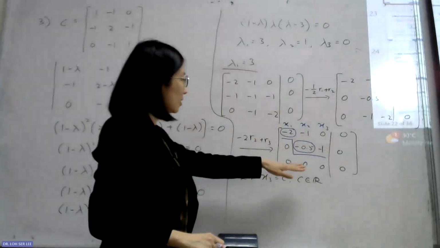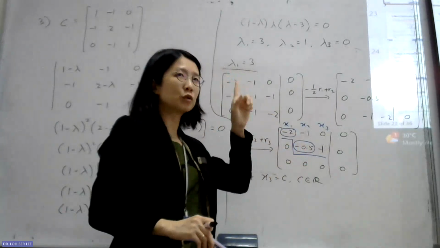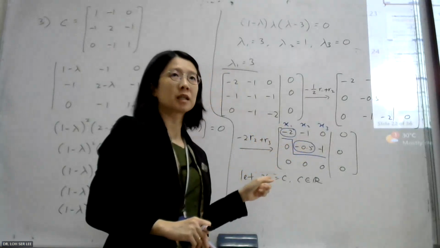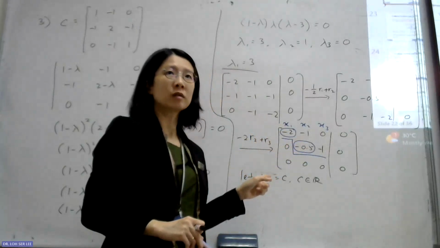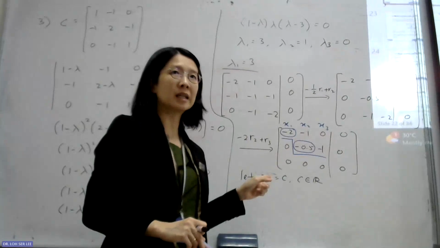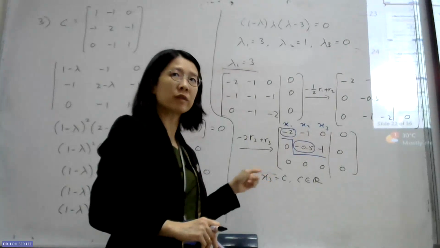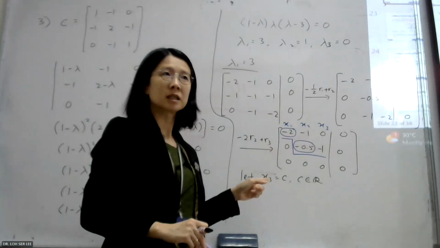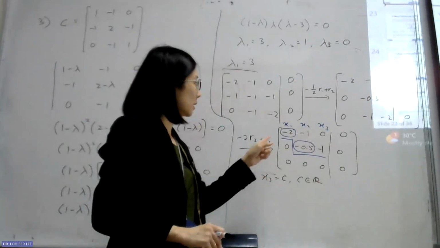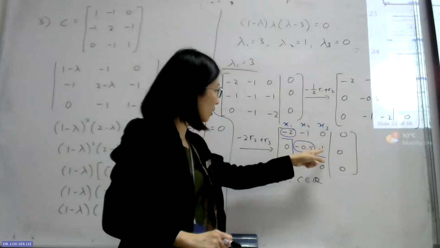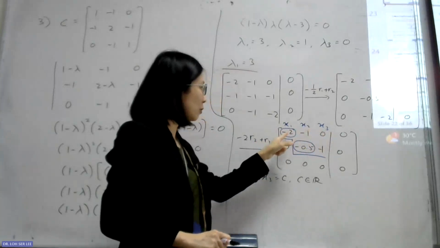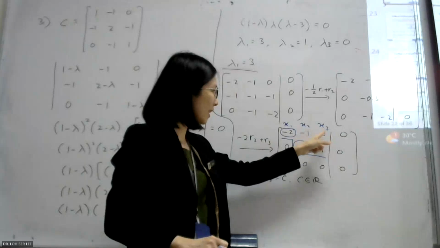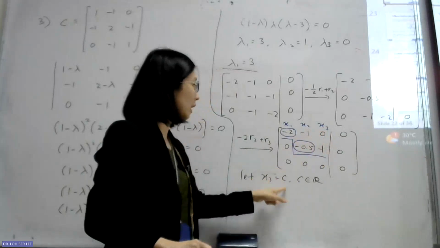Does anyone not know how to identify which variable is free? You're all clear? The one without the pivot. One row has only one pivot. X3 has no pivot. That's why X3 is free.